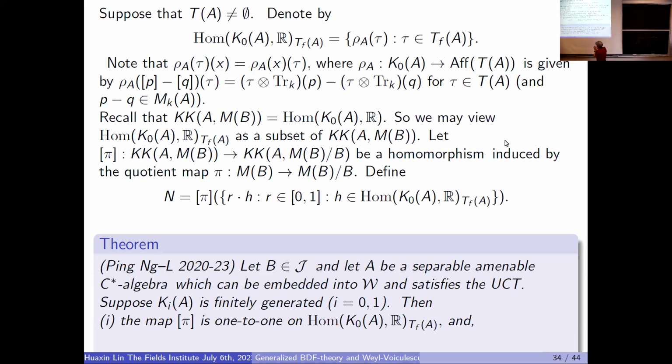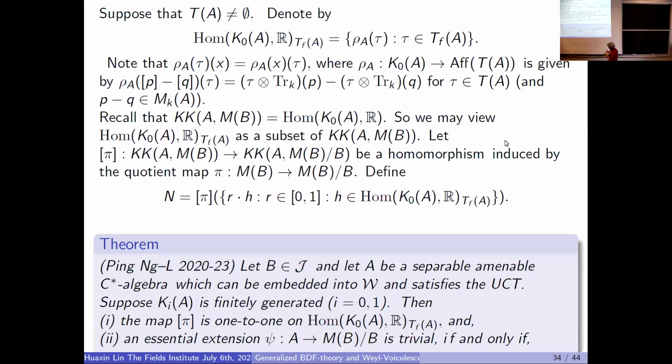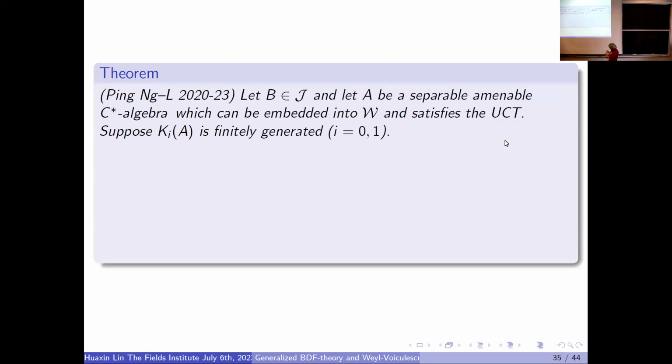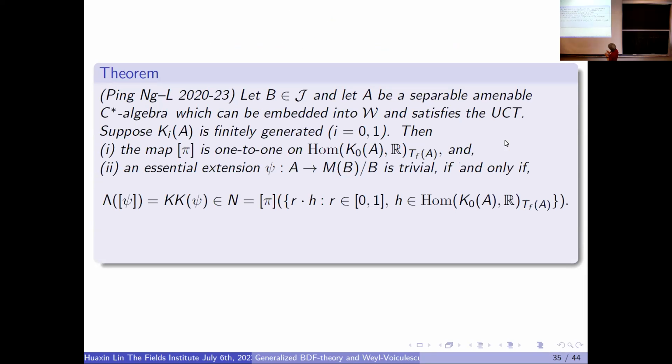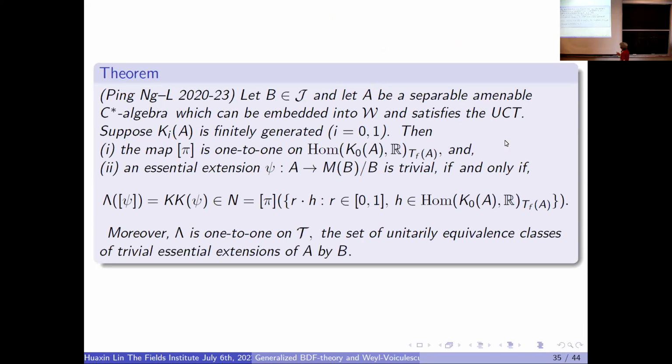So the map to this is one-to-one on that, and let me just go to this page. It tells you which extensions split, if and only if this map is living here. And it tells you all the trivial extensions. So there are lots of them. Okay, and all these are trivial.